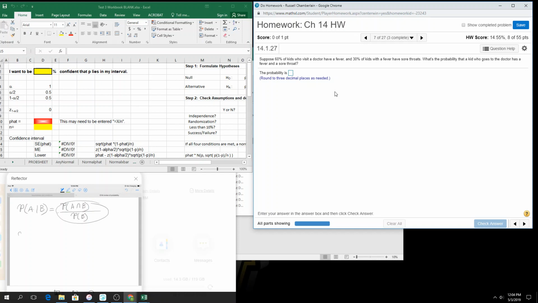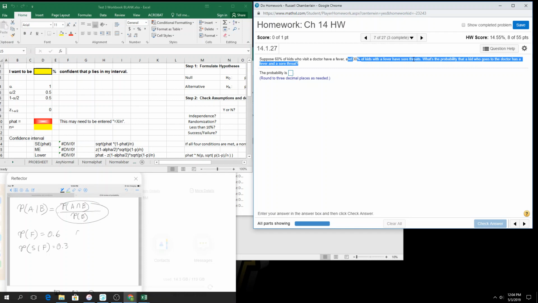So what is this? 60% have fever. So the probability you have a fever if you're sitting in the doctor's office is 0.6. If you have a fever, the chance that you also have a sore throat is 0.3.